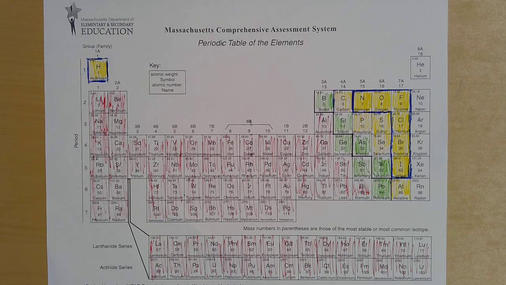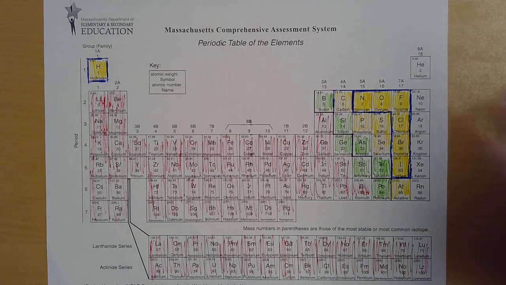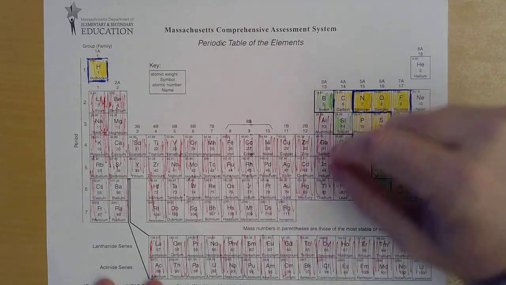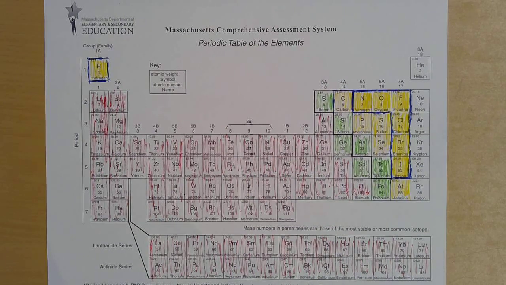We may get to them just a tad later on, but really what we need to know is that we have nonmetals, yellow, metals, red. I want you to also alter your periodic table to reflect this as well. That way we can keep track and use this. All right, let's make sure that we're coloring and making good distinctions about this. Don't color it too dark. You still want to be able to read the numbers. Those are going to be important later too. All right, we'll talk to you soon.